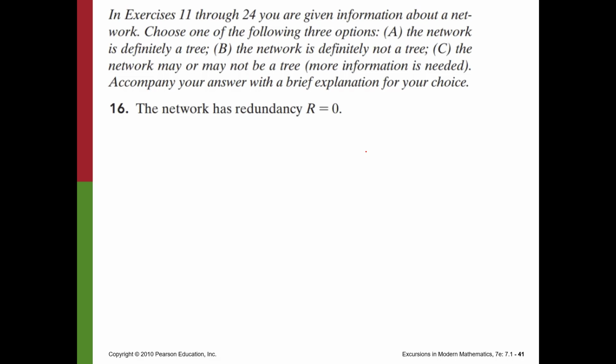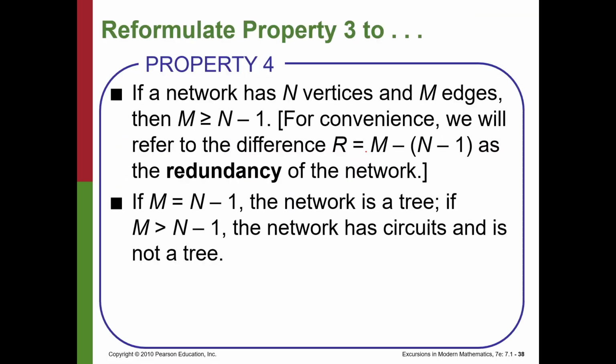So the network has redundancy R equals 0. Redundancy is over here. The redundancy is the difference between m, the number of edges, and n minus 1. And so if that is 0, that means that m is equal to n minus 1.